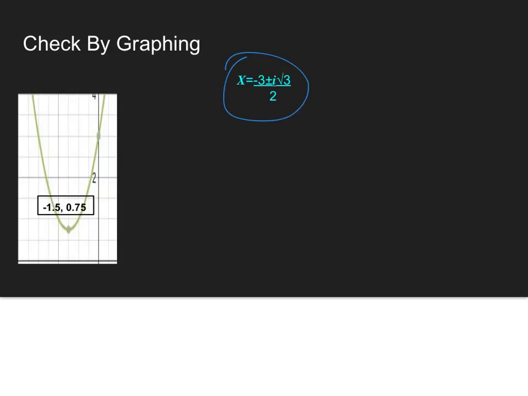And if you solve that out, you get negative 1.5 and 0.75. And you see that with an imaginary number, you never get it crossing the x-axis. So right in here does not cross the x-axis right here.